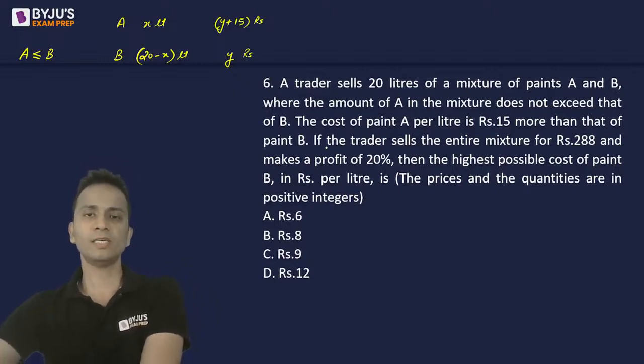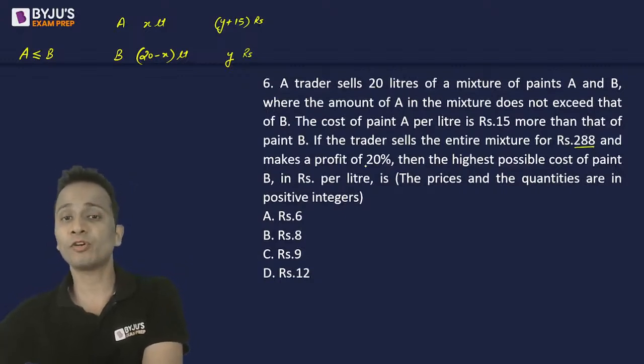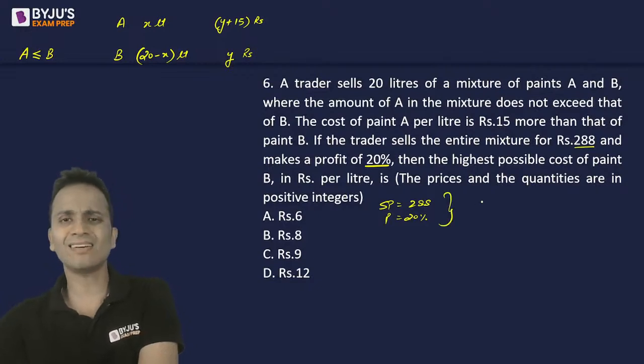Now, the trader sells the entire mixture for 288, making a profit of 20%. Selling price is 288, profit is 20%. So you can easily calculate that the cost price, the net cost price, will be equal to 240.